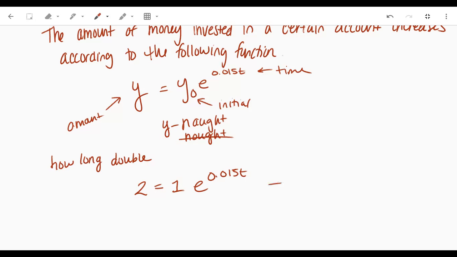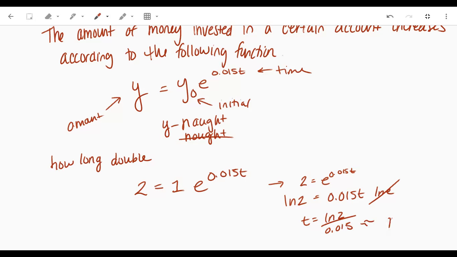So 2 equals e to the 0.015 t. We'll take the natural log of both sides, which allows us to put that power out front. And the natural log of e is 1. So t is the natural log of 2 over 0.015, which is about 46.2. Okay? And that was finding the doubling time.